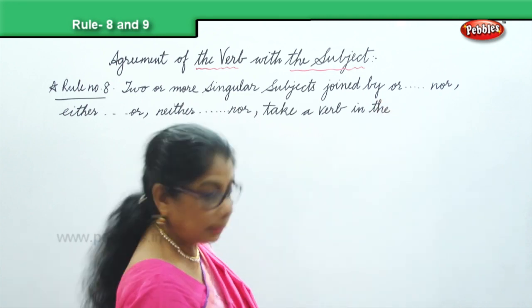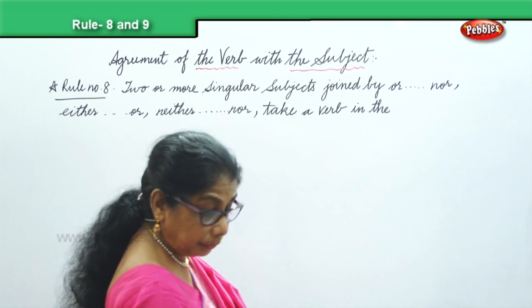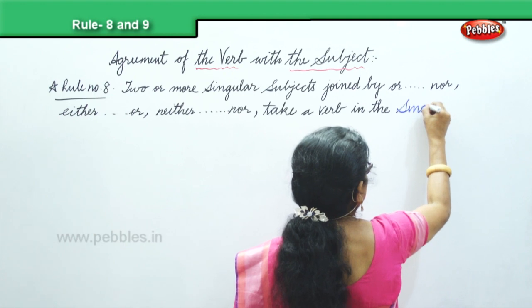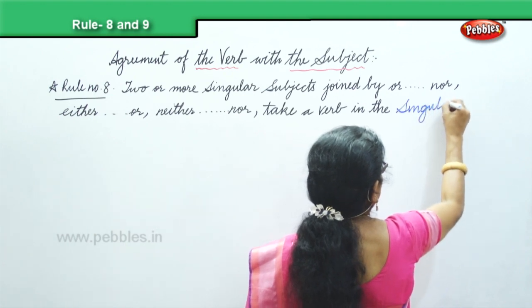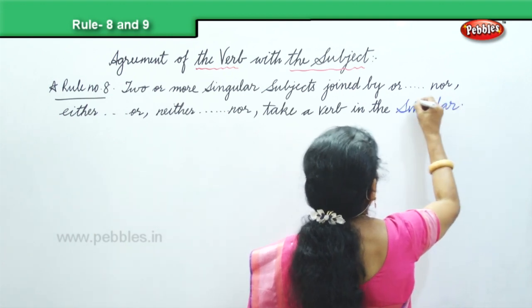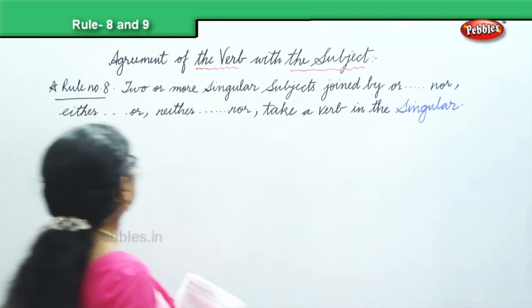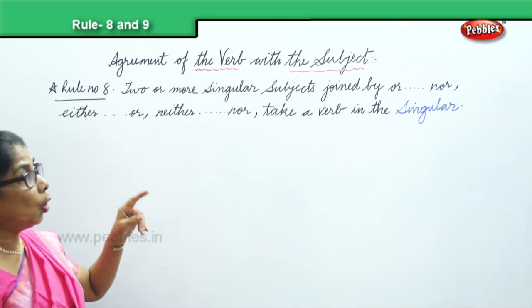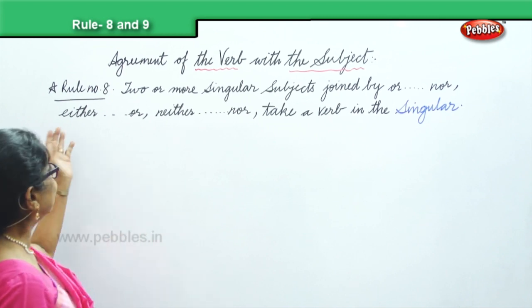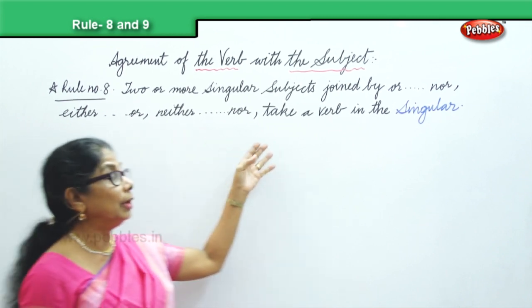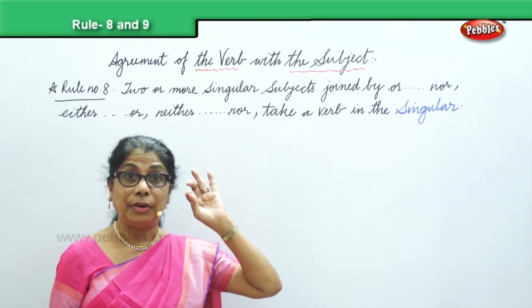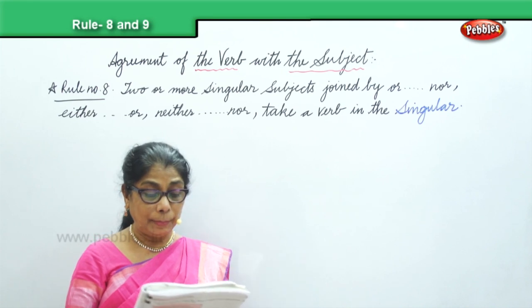Take a verb in the singular. Look at it carefully. Rule number 8 says, two or more singular subjects joined by or, nor, either...or, neither...nor take a verb in the singular form. Okay? That's what we need to remember.